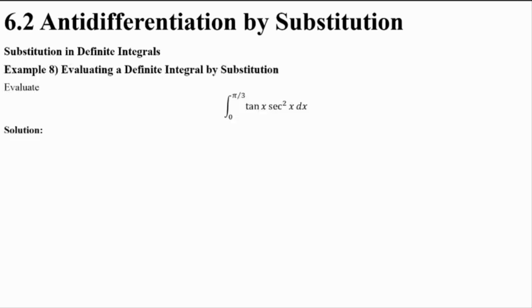Next problem is a definite integral. Before, they had a c, because we didn't care what kind of number. Right now we care, which means they give us a lower boundary and an upper boundary.